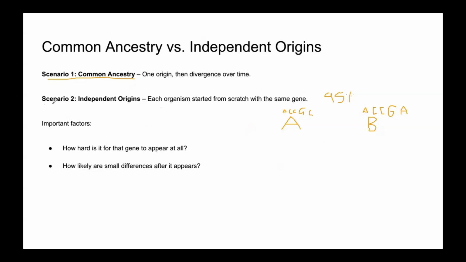So what is an explanation for this similarity? And according to scenario two, the explanation is not a universal common ancestor, but rather a unique conserved ancestor. So let's say this is little a. What this is saying is that what gave rise to the capital A organism and its genome is this little a.